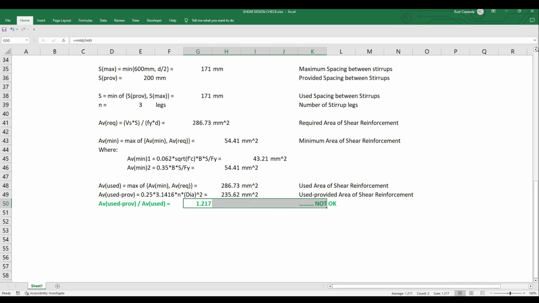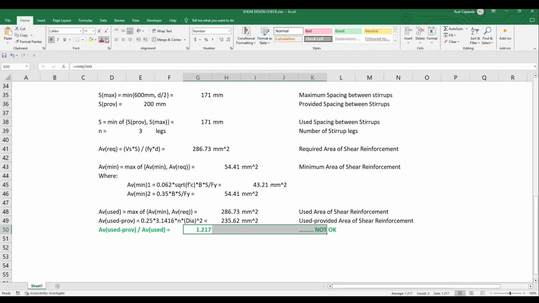Let's say the default one is this one. Okay, so let's modify the color. This is 1.2, not okay. So let's change this one.